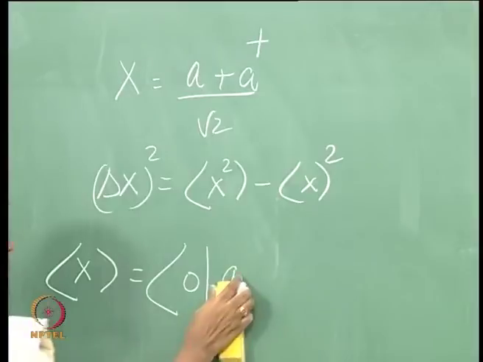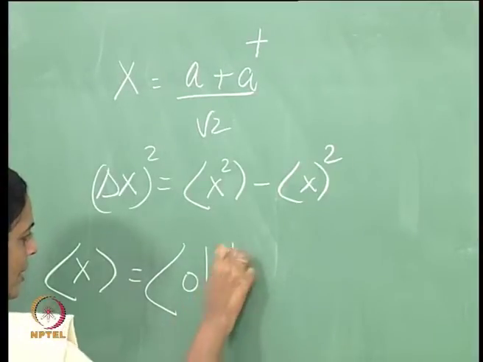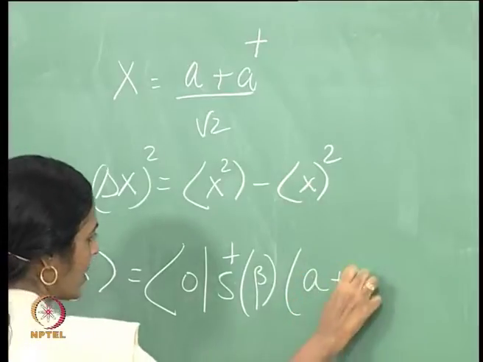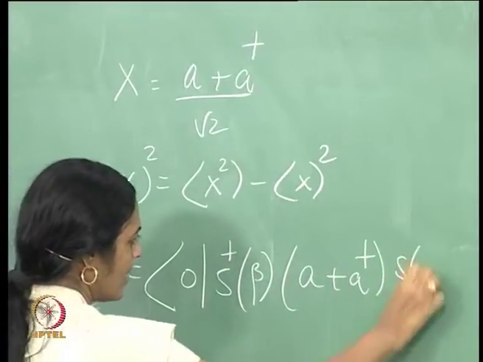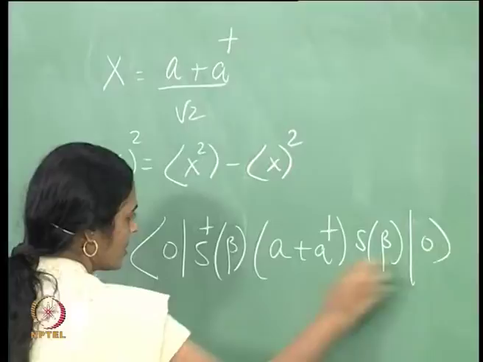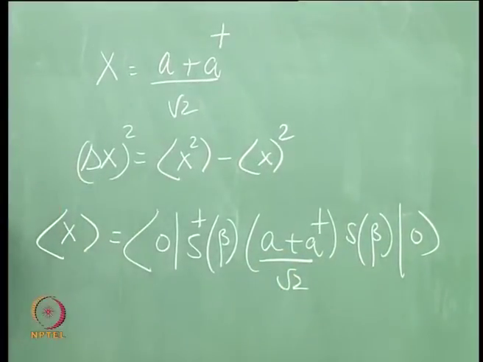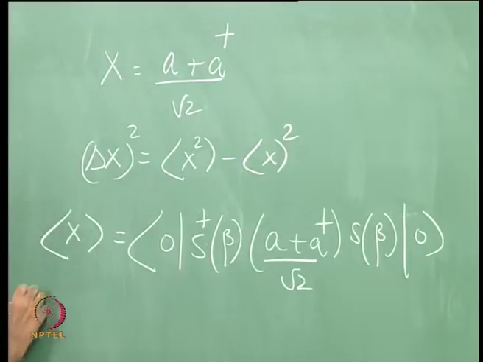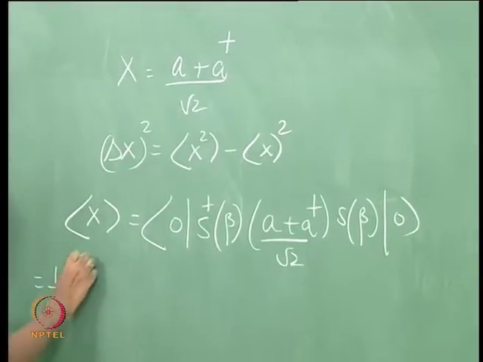and that is this object, bra 0 S dagger of beta A plus A dagger S of beta ket 0 divided by root 2. But we know this quantity is just 1 by root 2.